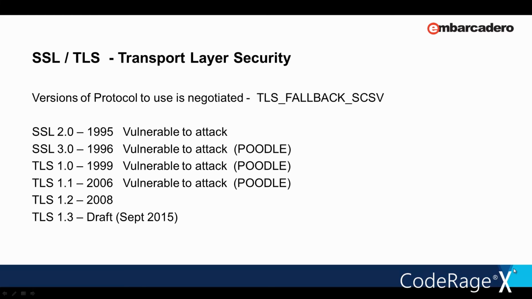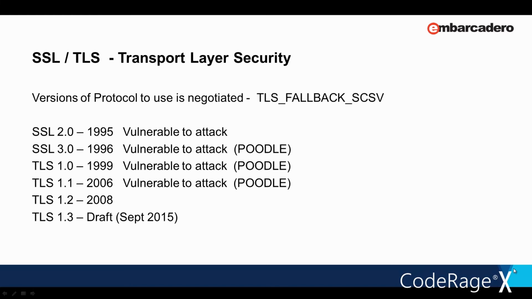Initially we had SSL 1.0, which was never released to the public because it was found to be vulnerable to attack. So ultimately they came out with SSL 2.0, and as you can see, it's now vulnerable to attack, and is so vulnerable that you should never use it.